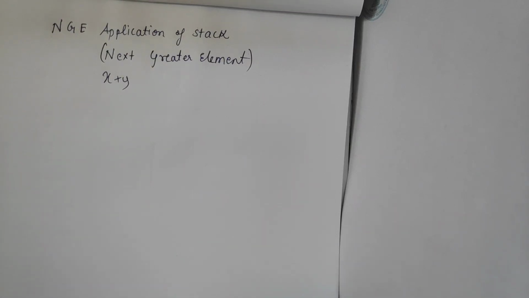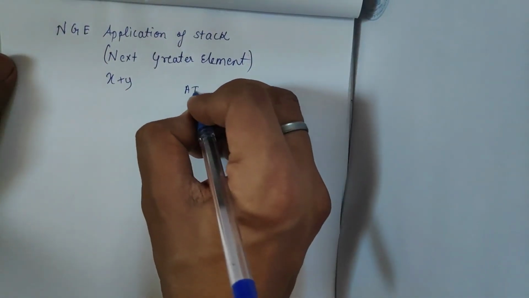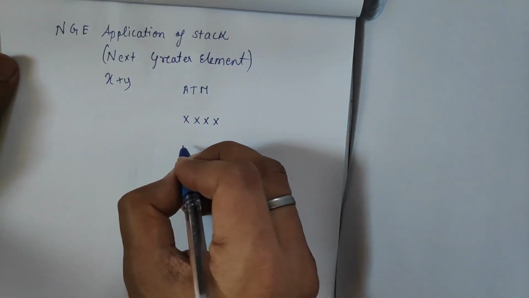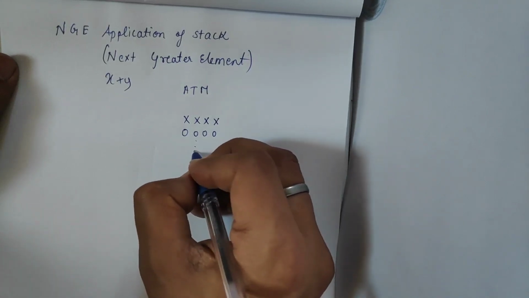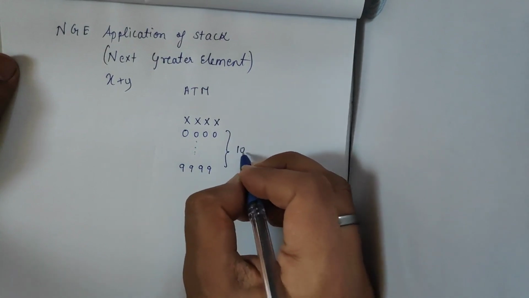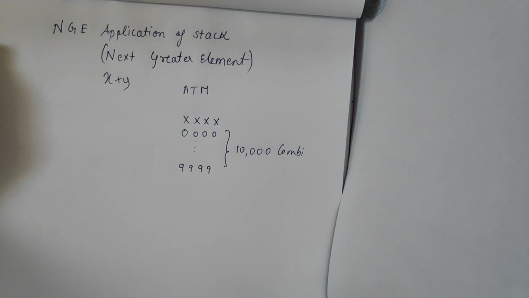See, in computer science, there are various problems to which you can have a brute force solution. By brute force, I mean you try all possible combinations and then you check for a valid answer. For example, when you have an ATM, the pin is 4 digits, right? So the possible combinations start from 0000 and go up to 9999, so this becomes 10,000 combinations.